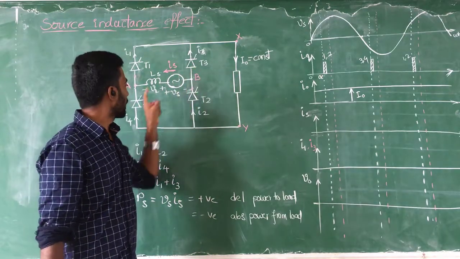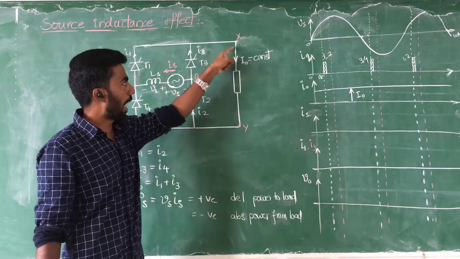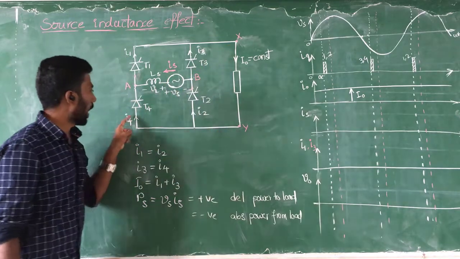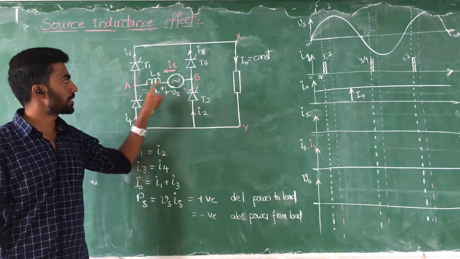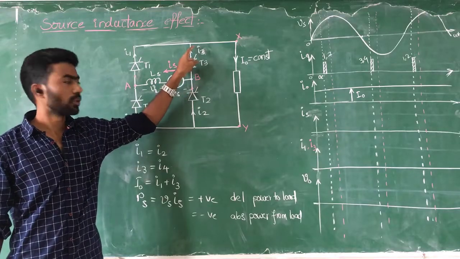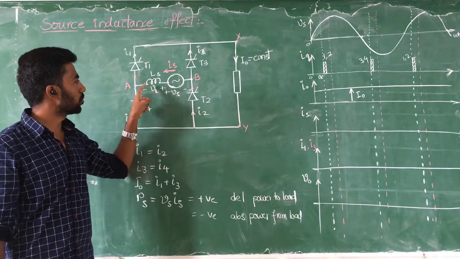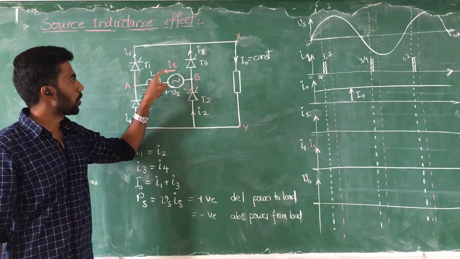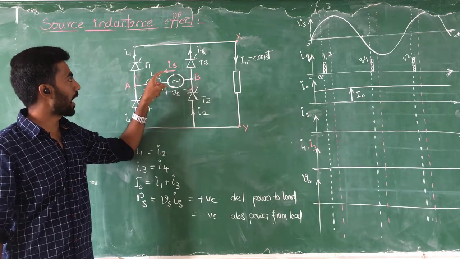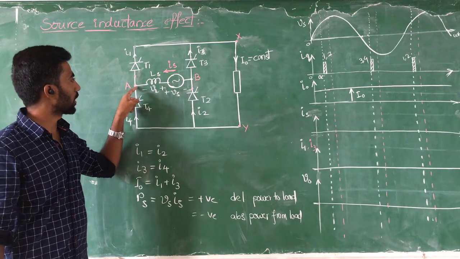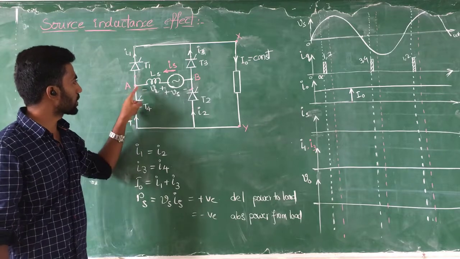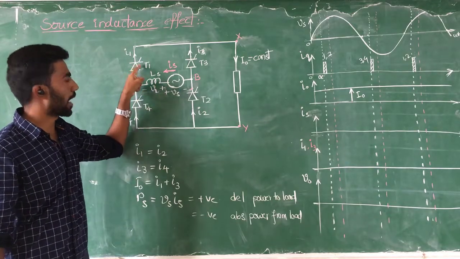If 3 and 4 were conducting, then I0 current is equal to I4 current, and that is equal to I3 current. What is the Is current? Here Is plus I4 is equal to I1 current, right?